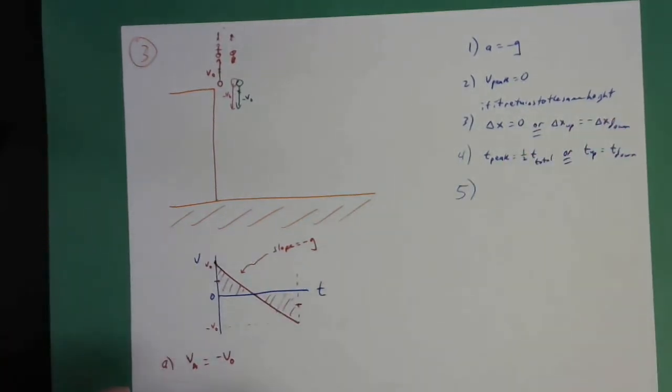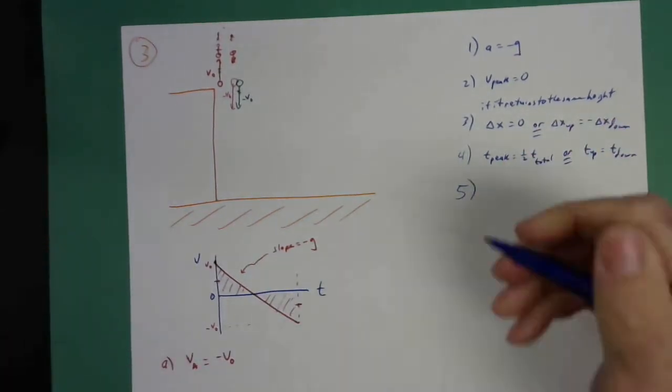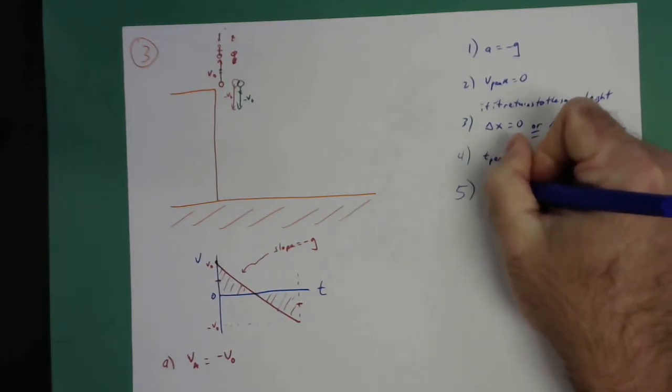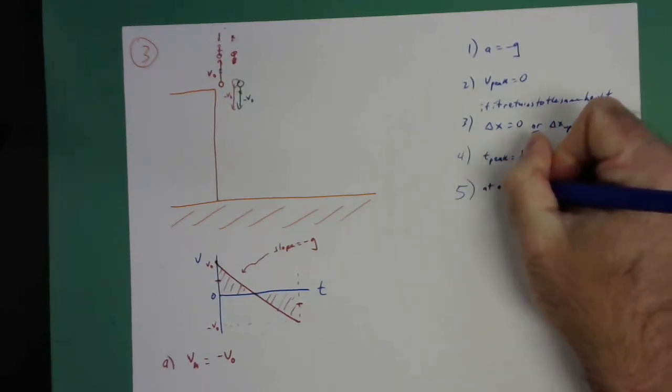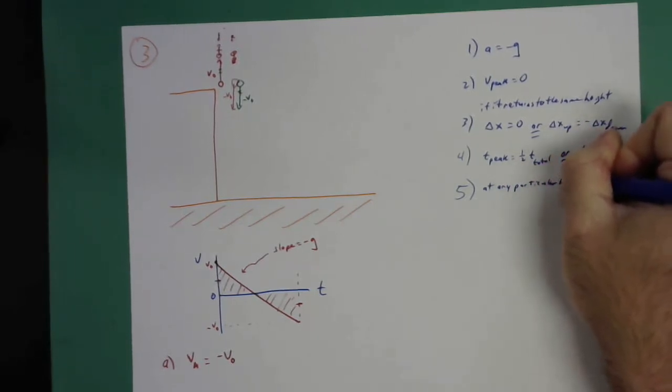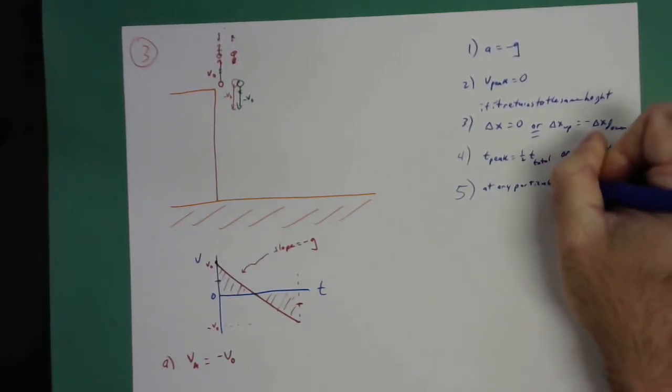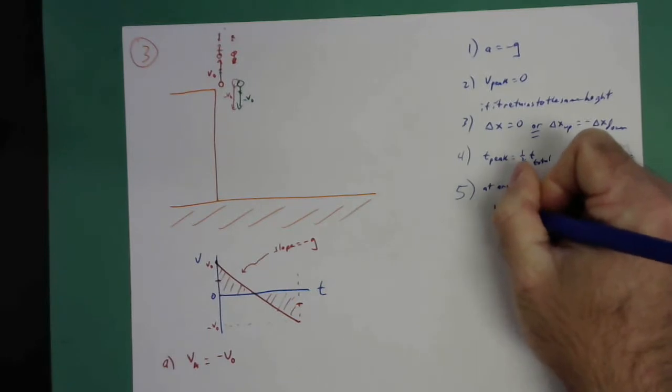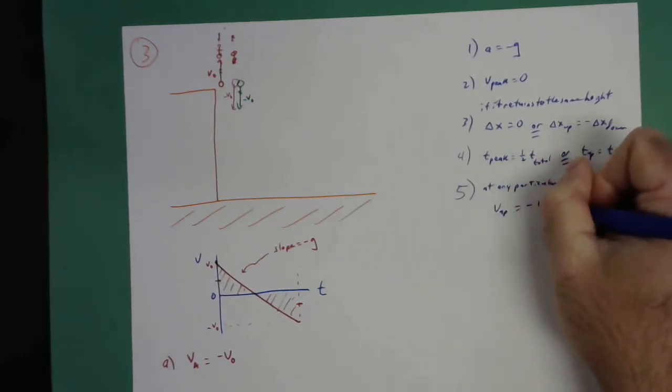And so we can say that at any particular height, the velocity on the way up is equal but opposite to the velocity on the way down.